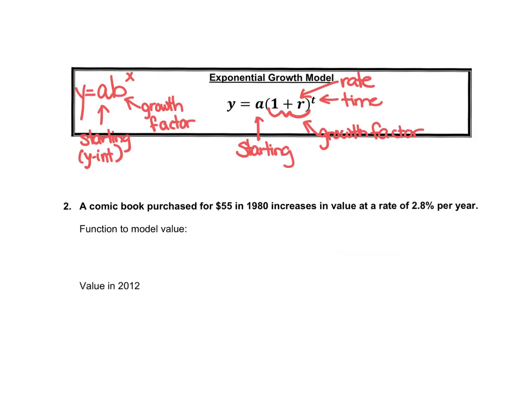All right, example number 2, we have a comic book purchased for $55 in 1980, which increases in value at a rate of 2.8% per year. All right, so let's go ahead and write our equation, or the function. We have y is equal to, and it started at $55, and it's increasing at a rate of 2.8%, and then move the decimal place 2 places, so you're going to have 0.028.